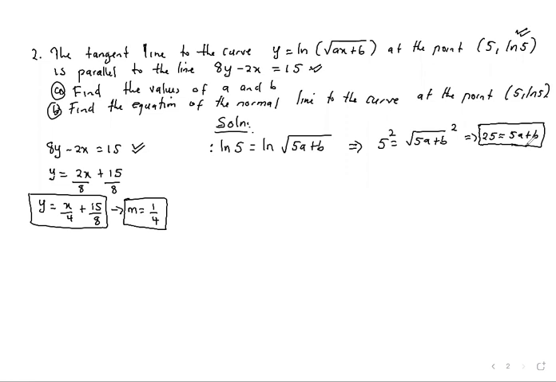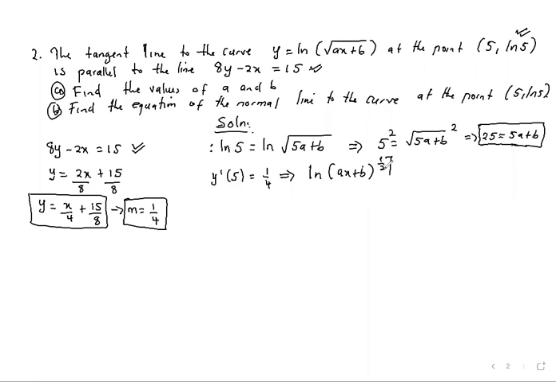Second thing, we're given the gradient, so differentiate the function. We'll get y prime, and then y prime, when you substitute 5, you should be able to get the gradient that is given here, 1 over 4. So we have the function written as ln ax plus b to the power half.